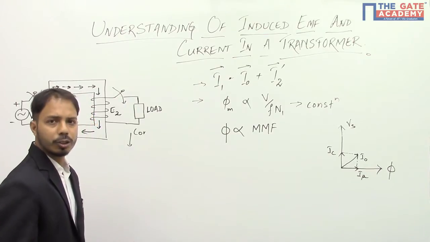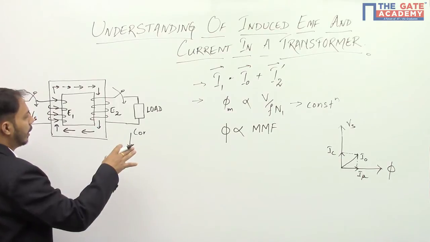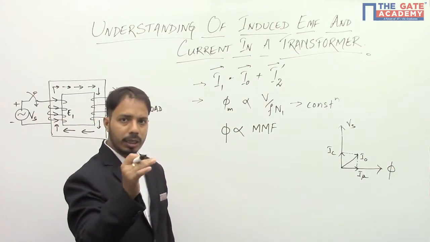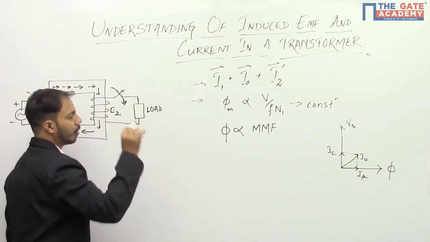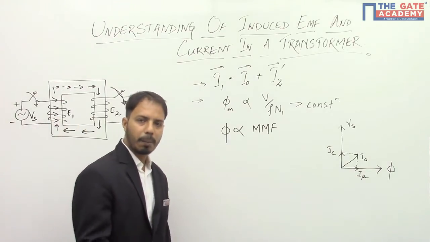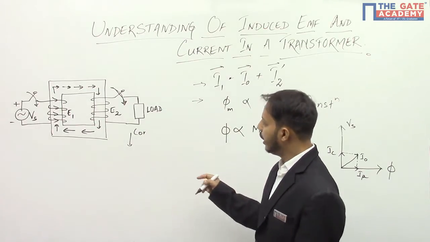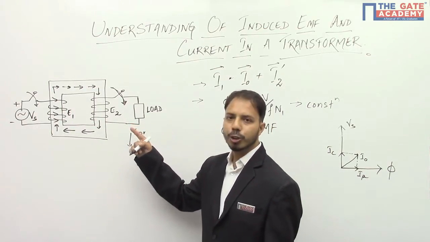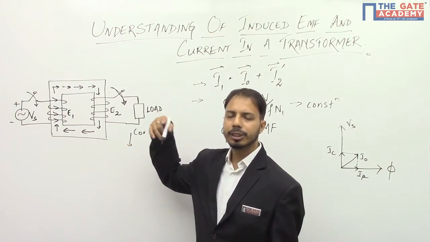Okay? So flux is proportional to MMF. Now, the moment I connect this secondary, then by Lenz's law, the induced EMF should oppose the change.